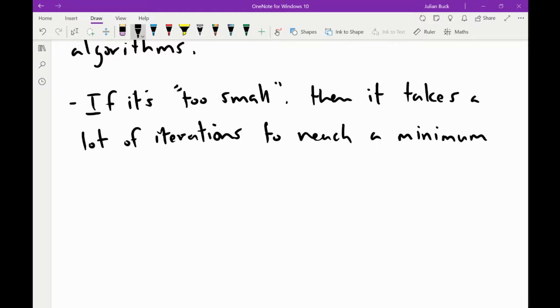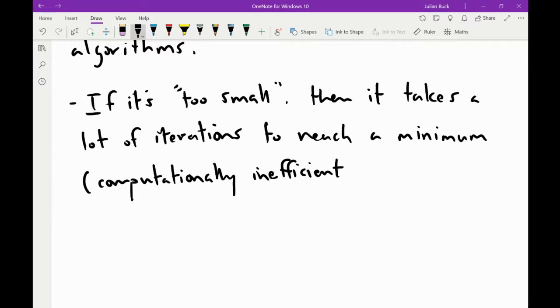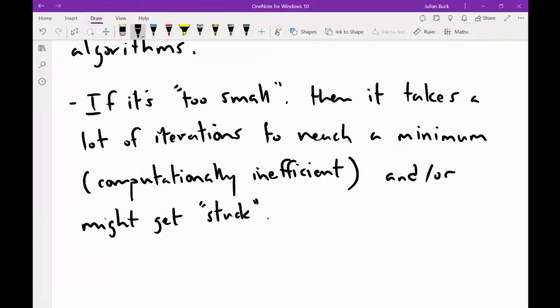Well, of course, that's computationally inefficient. So you're going to use a lot of runtime for the gradient descent steps, and this is getting back to Drew's question that we're going to handle in a little bit. It might get stuck. And we'll see what we mean by get stuck and what are some ways to deal with that.